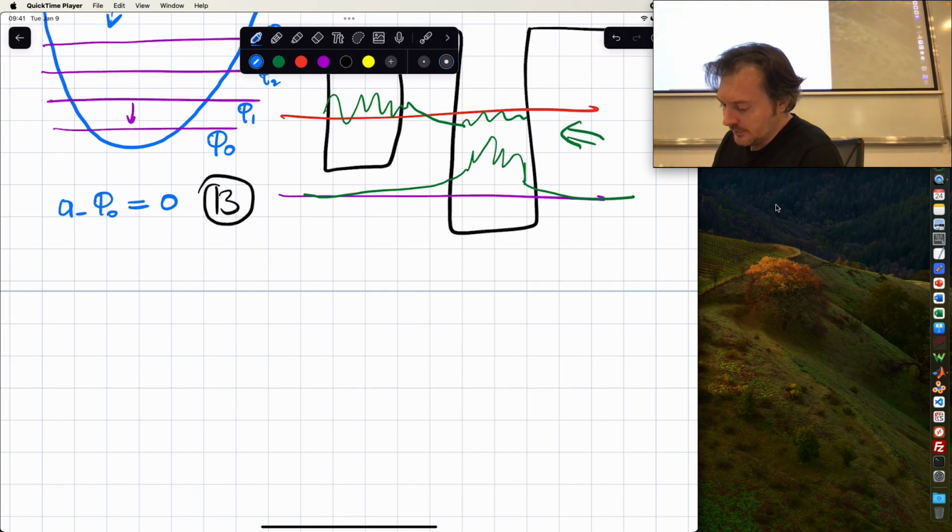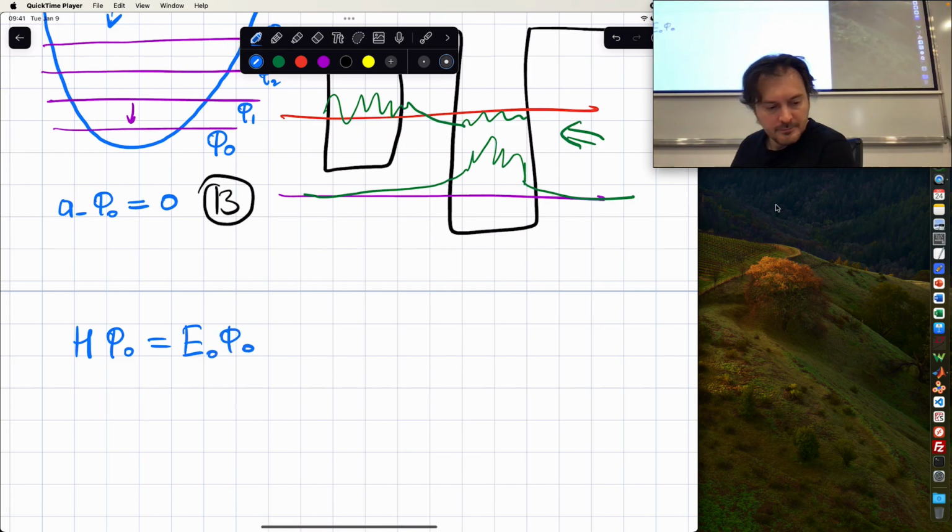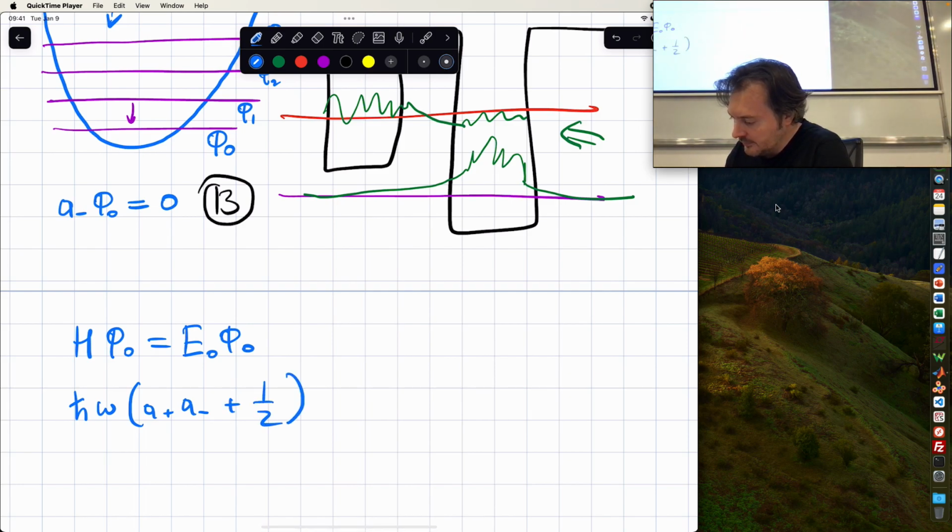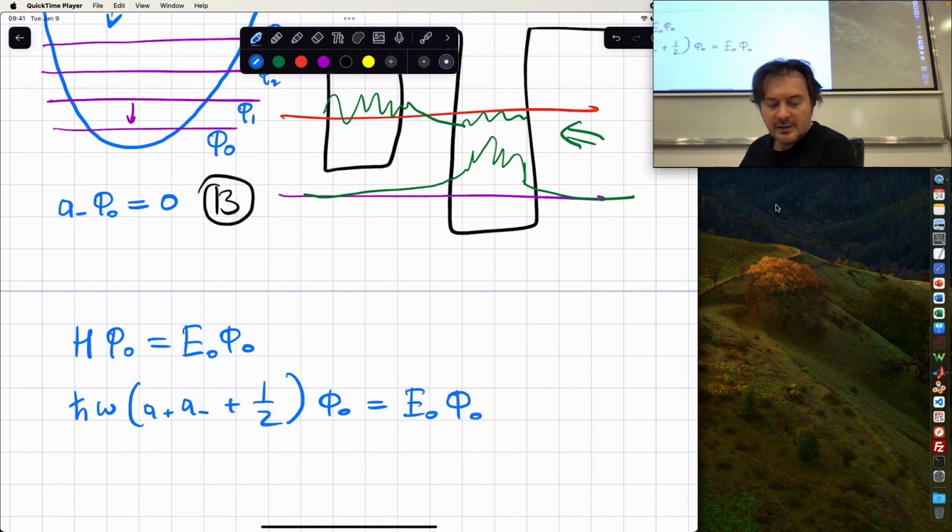Let me remind you, H phi 0 must be E0 phi 0, right? So let me write it down: H bar omega (A plus A minus plus 1/2). Do you remember this? Very good. Now we can couple it with number 13.